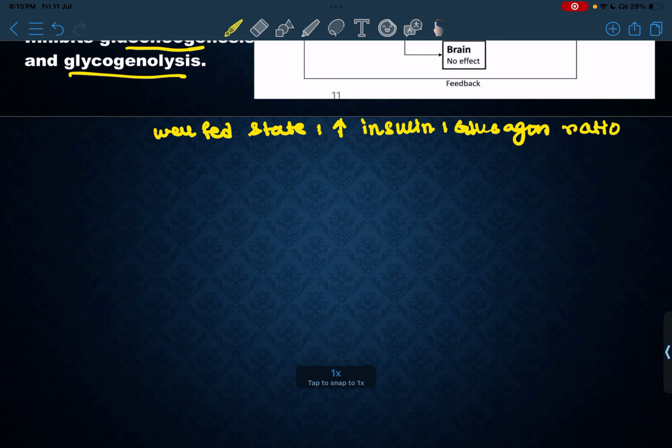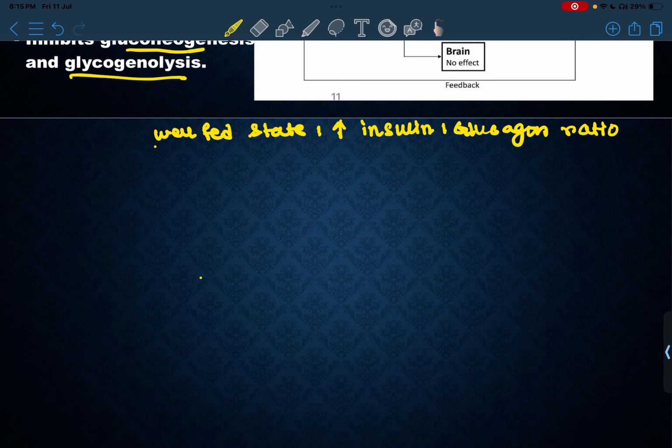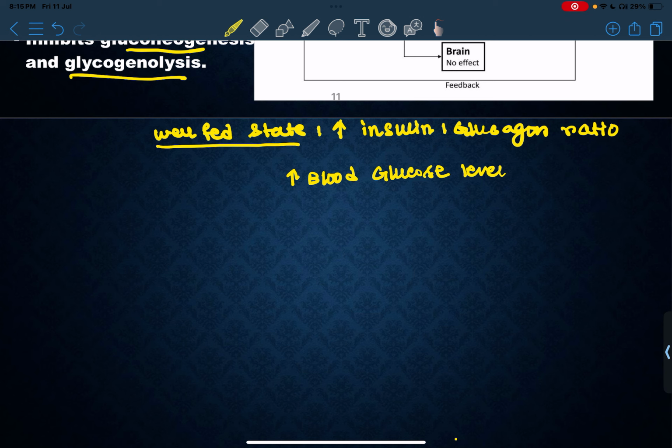Well fed stage means the blood glucose is high, so the blood glucose level increases. With this increased blood glucose level, the beta cells of the pancreas are stimulated and insulin is released.